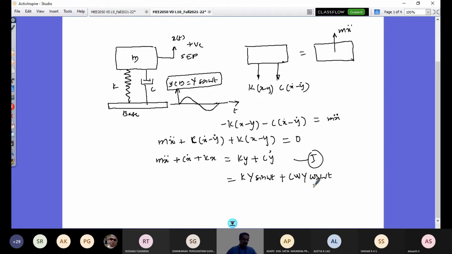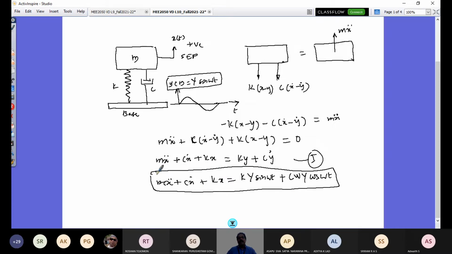And now this can be rewritten, mx double dot plus cx dot plus kx, in another convenient form. So this is your governing equation now.